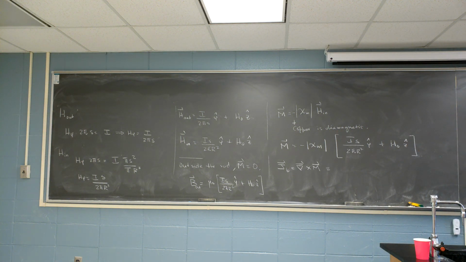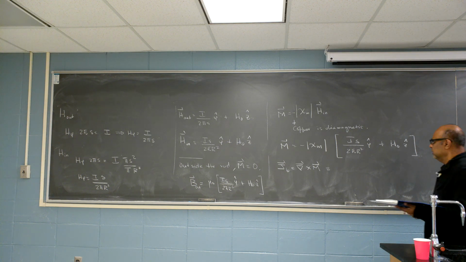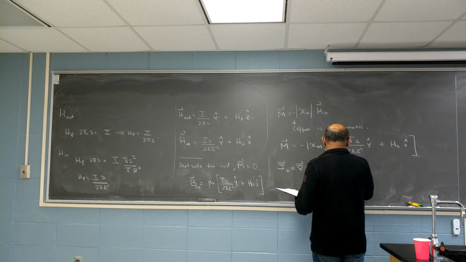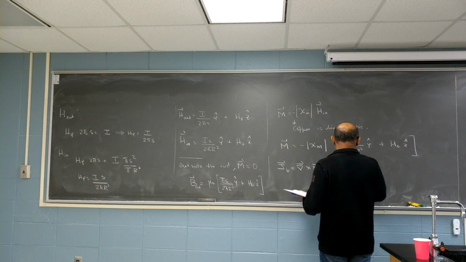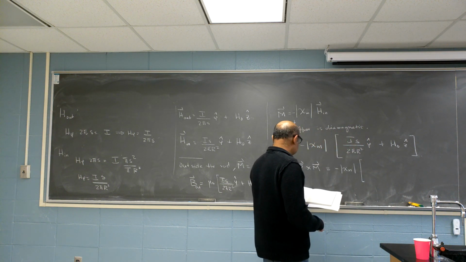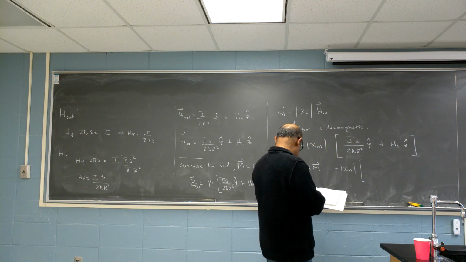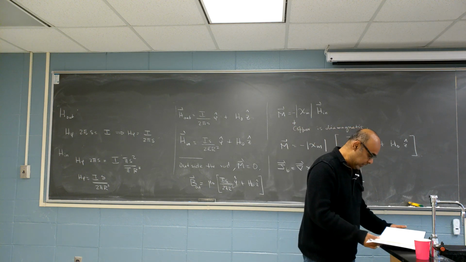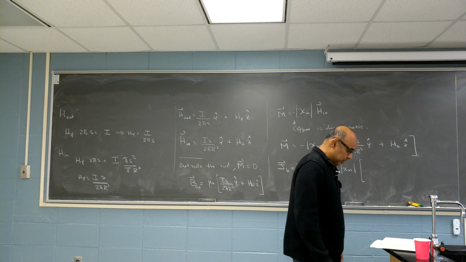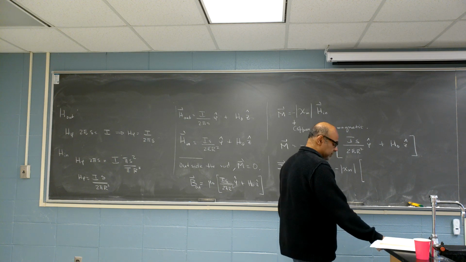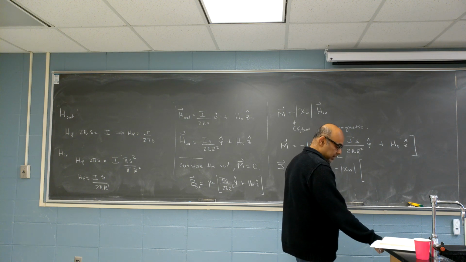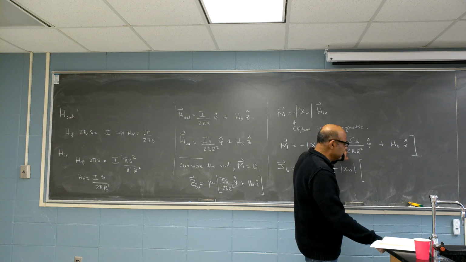What is curl in cylindrical coordinates? So I have negative chi M. Tell me what the s component of curl of M is going to be. That is 0 because I have to take the z derivative of phi, which is 0.